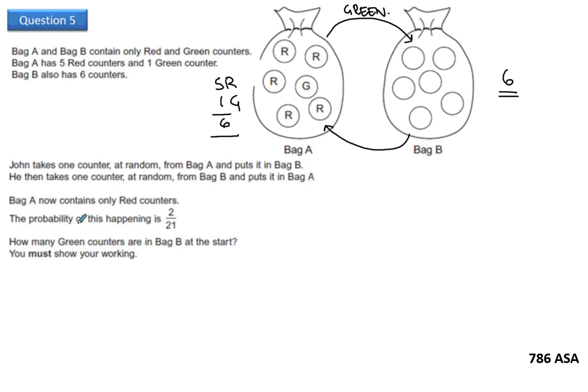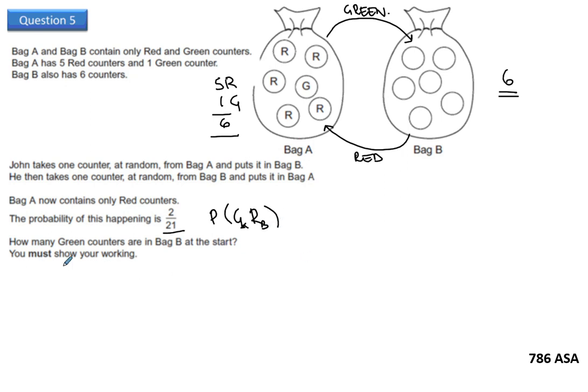The probability of this happening is 2 out of 21. If the green one went there, for bag A to only get red counters, there must be a red one from bag B going into bag A. So it's the probability of green from A followed by red from B.